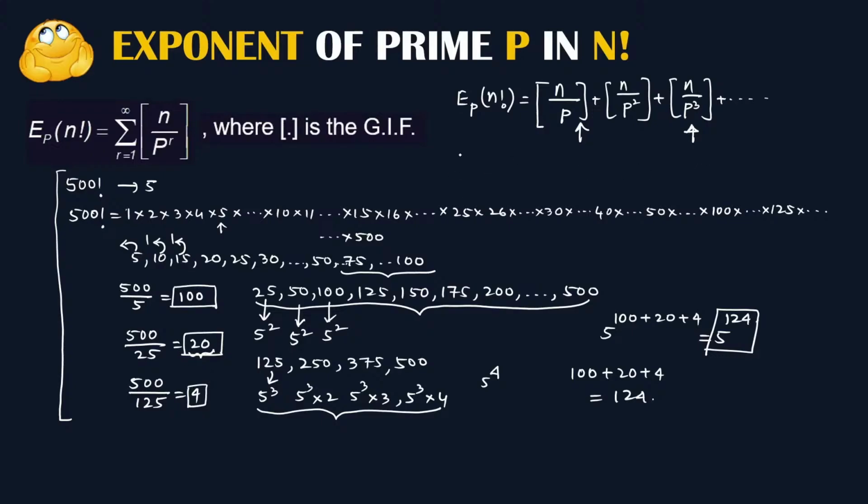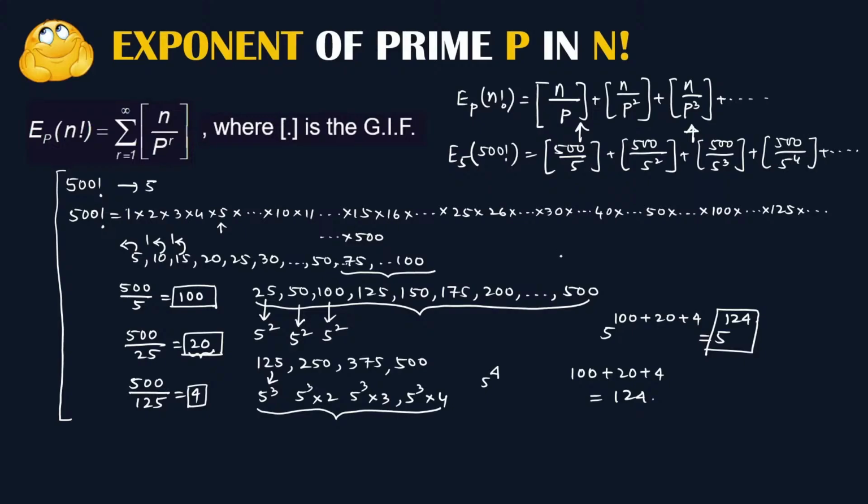Now see, in our case, the question was, what is the exponent of 5 in factorial 500? So I will do 500 divided by 5, 500 divided by 5 square, 500 divided by 5 cube, then 500 divided by 5 to the power 4, and this goes on.